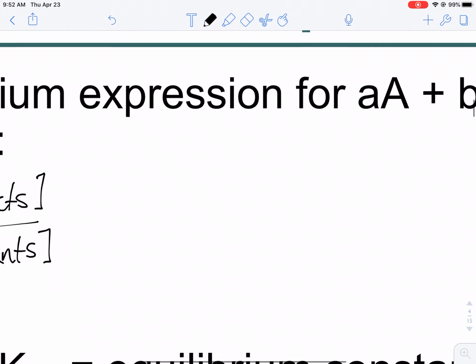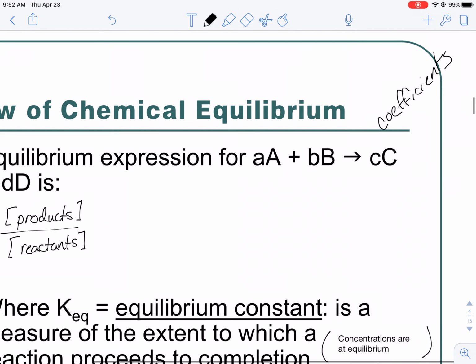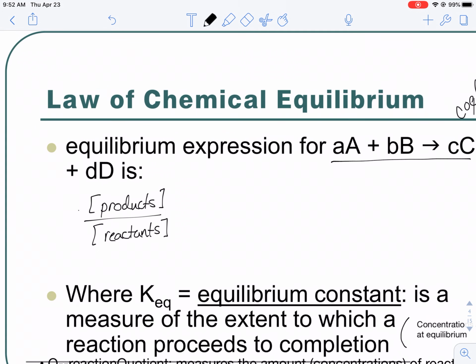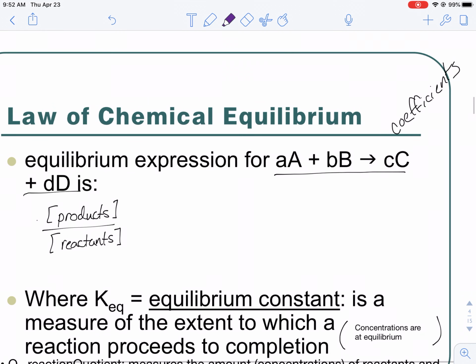To make an equilibrium expression, you will often see the general equation aA plus bB yielding cC plus dD. So what does that mean? Well, my products are C and D. The little letter stands for the coefficient. The capital letter stands for whatever that compound is.